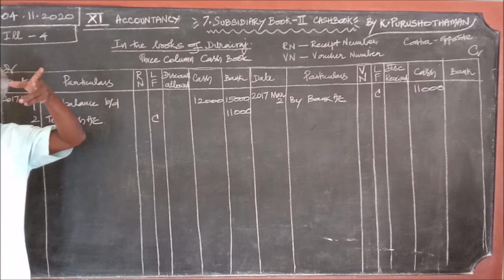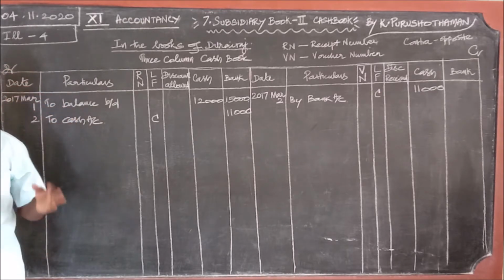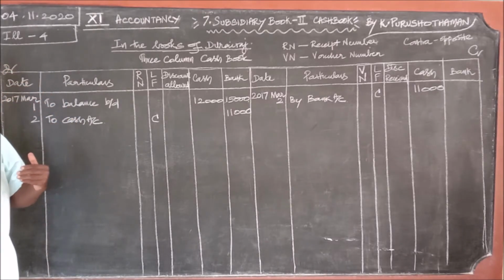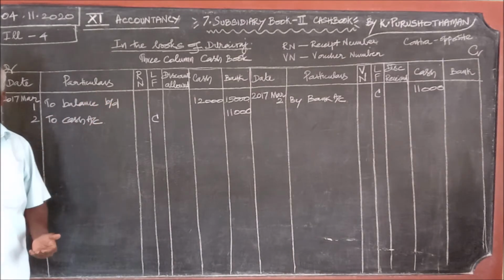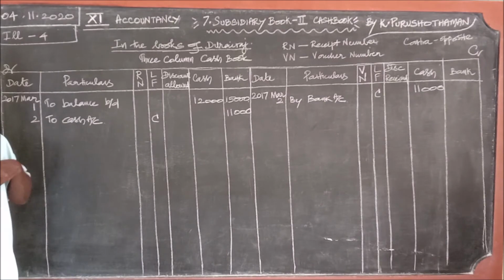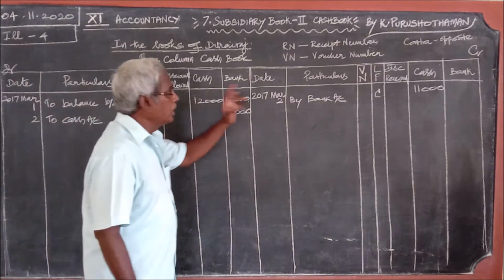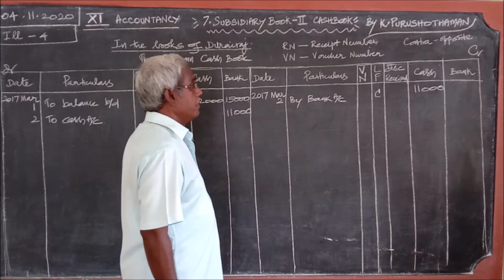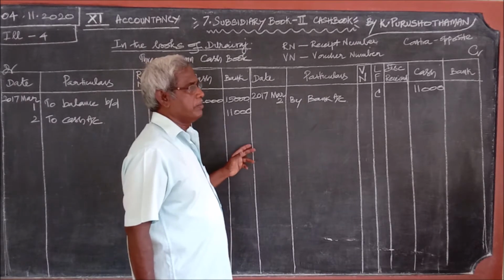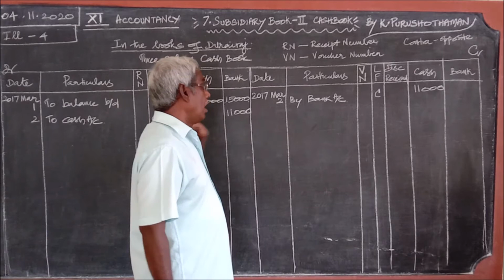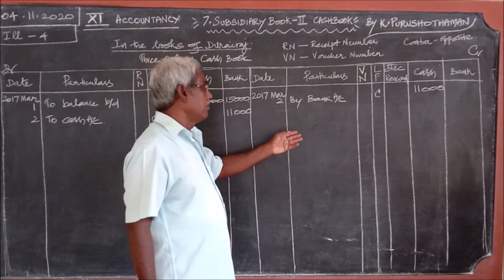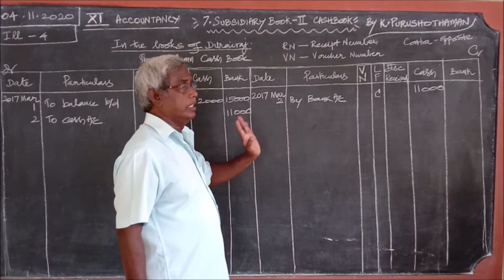But for some transactions like cash paid into bank and cash withdrawn from bank, we pass entries on both the sides of the cash book, which are called contra entries, because the entries are passed on the opposite sides or on both the sides.